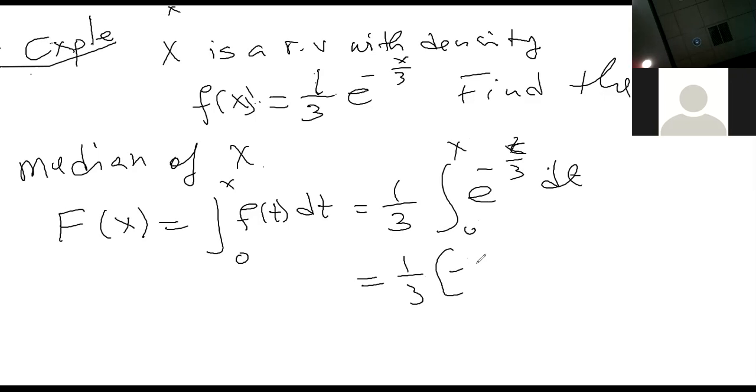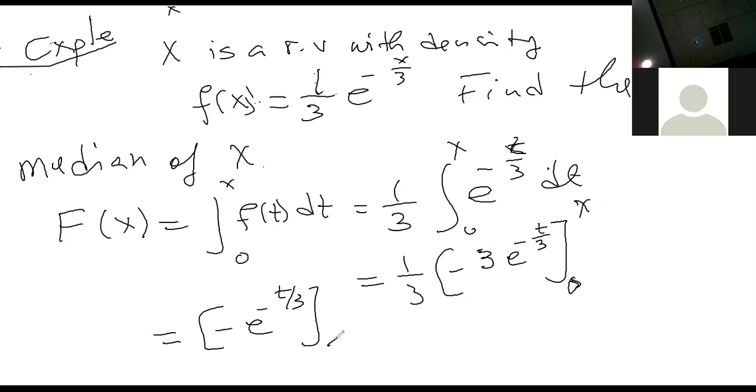Here we will have minus 3 e to the minus t/3 as the antiderivative, from 0 to x, which is 1 minus e to the minus x/3.